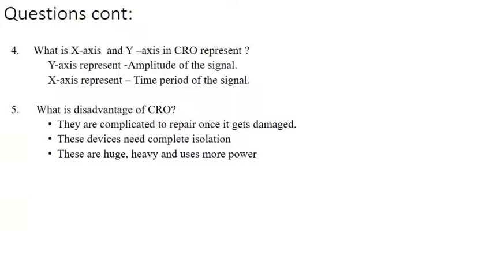It is also very bulky and requires more power. To operate the electron gun, we require high voltage. There are a lot of control terminals that you may see in the practical or real-time CRO.